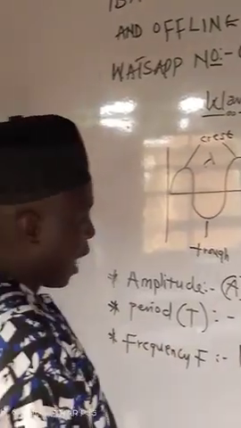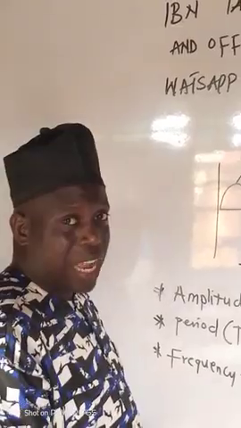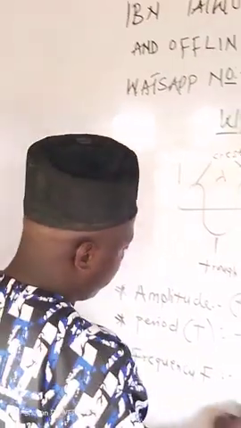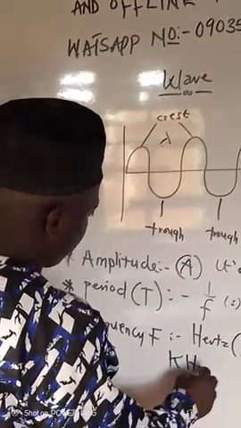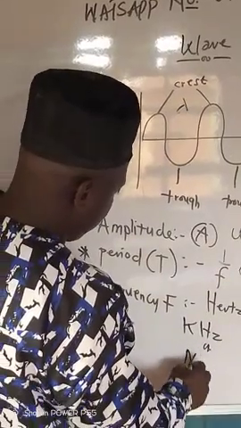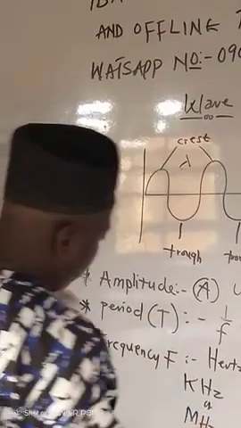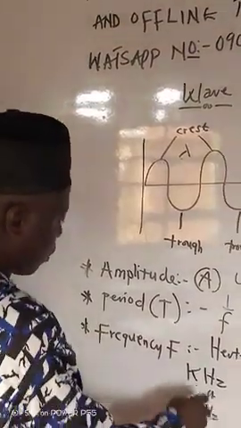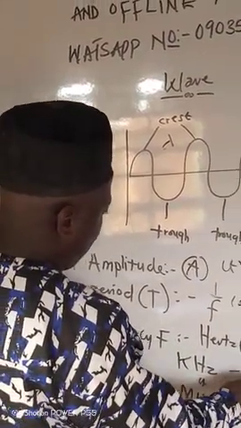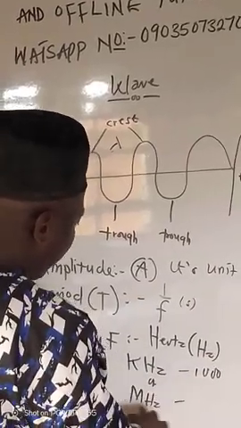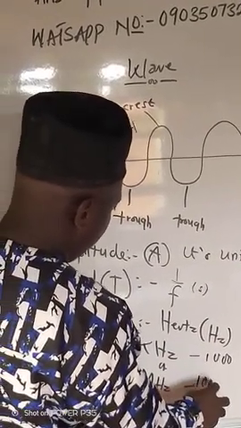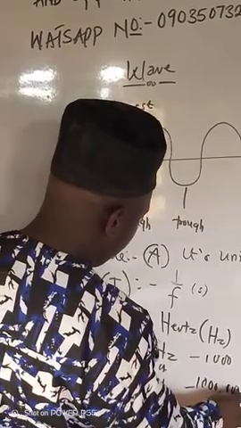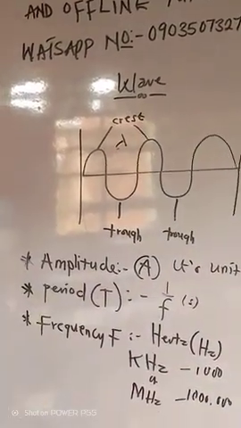It can also be measured in larger units, which are kilohertz or megahertz. When we are talking about kilohertz, kilo means 1,000. Then mega means 1 million. Is that taken?